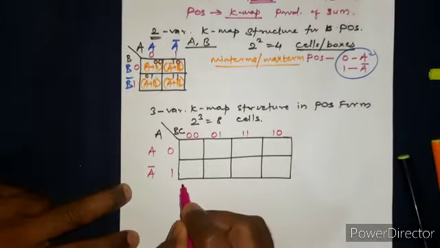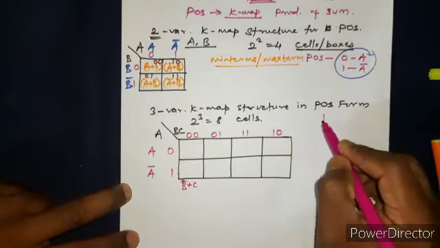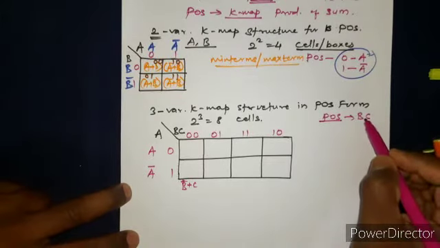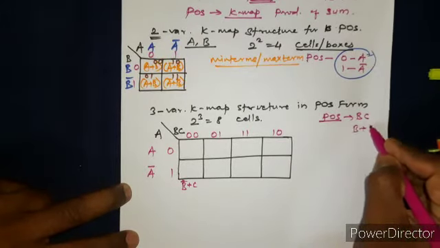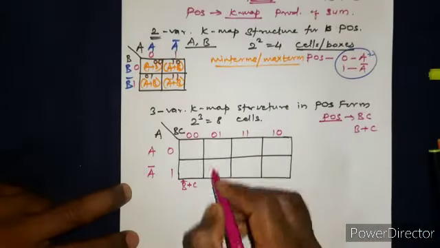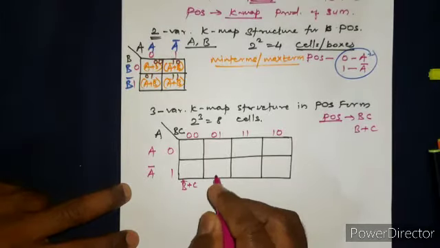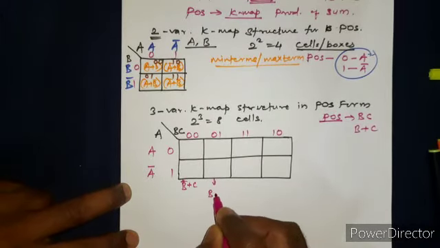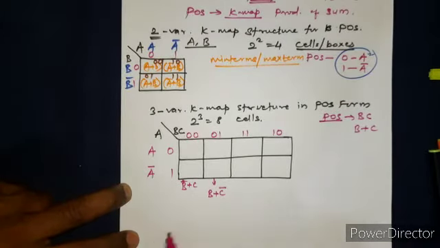So I'll write down here, this is B plus C. Now since this is POS form, it's not BC, which is a product. We need a sum, so it is B plus C. Then 0 corresponds to the variable itself, so this becomes B plus, and 1 corresponds to the complement, C bar.